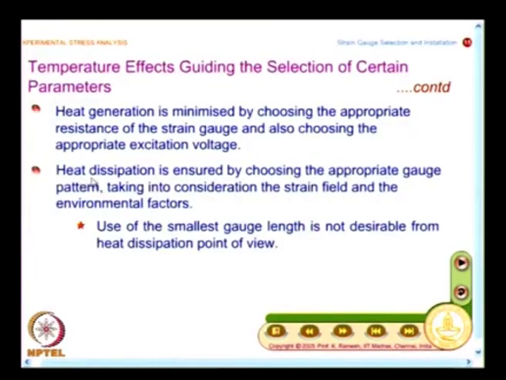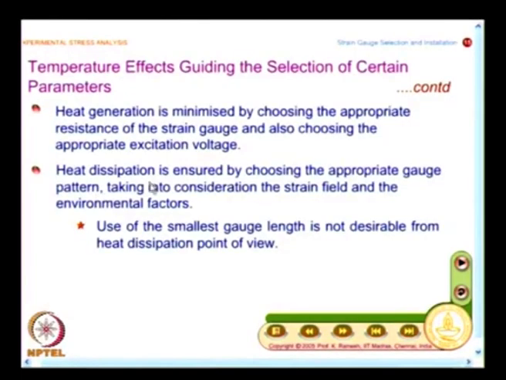You can improve the heat dissipation by choosing the appropriate gauge pattern. We had looked at when you are using a strain gauge rosette, should you go in for stacked rosettes?